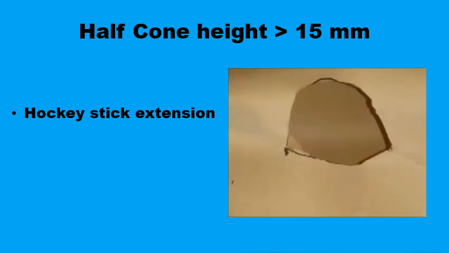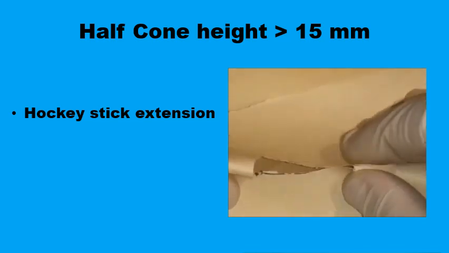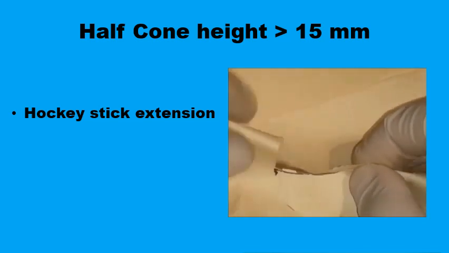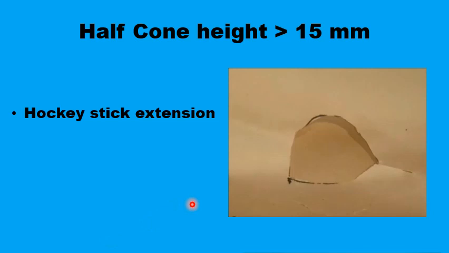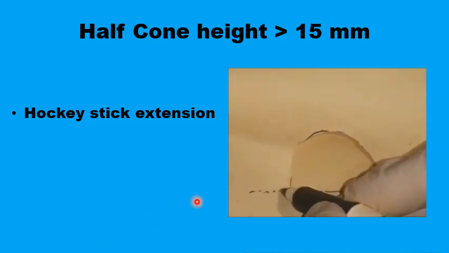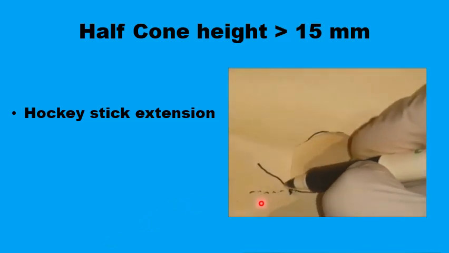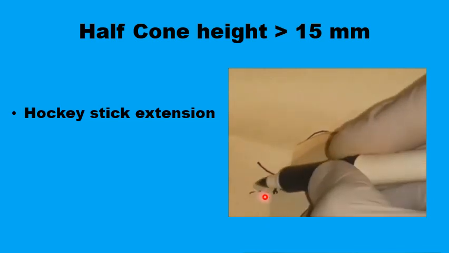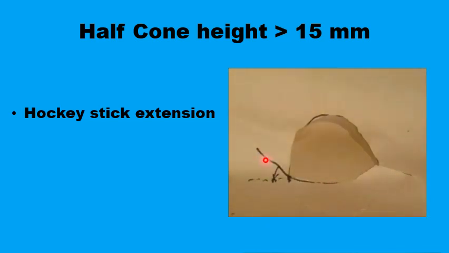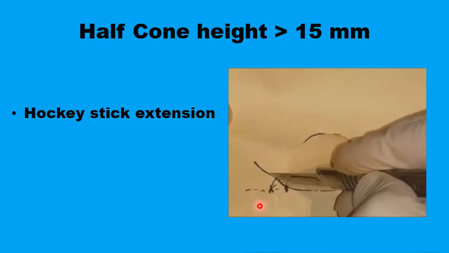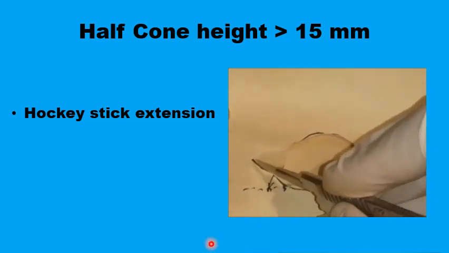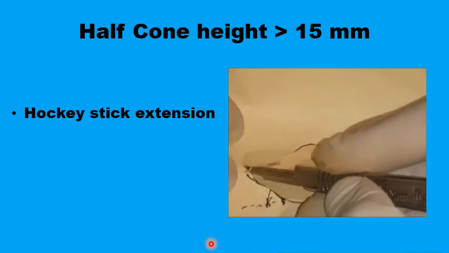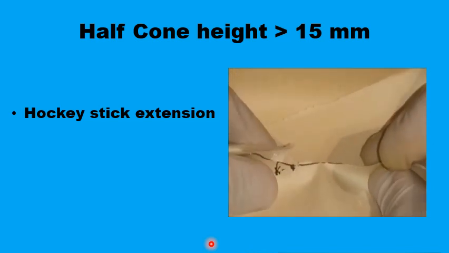When they are folded together as if they are stitched, you will see that the half cone is forming at the angle here. The best way to sort this out is to extend the shorter segment with an angle of about 40 to 50 degrees. So that will be a hockey stick extension. This will be incised to release a triangular flap of the excess skin on the longer side.